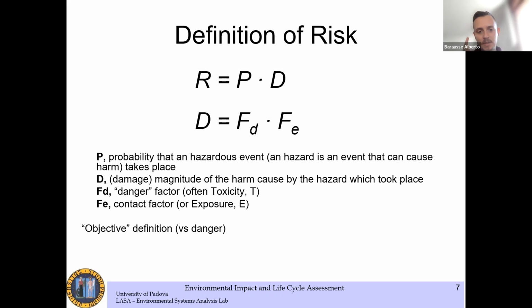The fact that risk is not something certain, it's something that happens with hazardous events taking place with a certain probability, and this definition is sort of objective because these are things that you can measure. Of course, when you're dealing with contaminated sites as environmental engineers, the probability of contamination taking place is by definition equal to 1 because the site is already contaminated. So risk is simply the product of toxicity and exposure in the case of already contaminated sites.